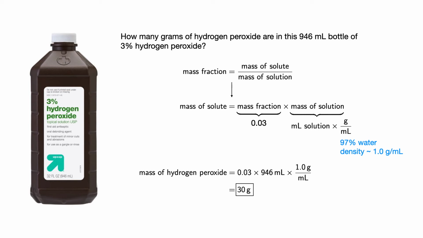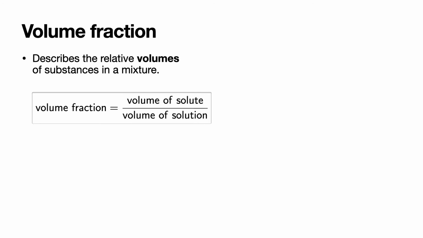So that's a typical calculation that you might be able to do using a mass fraction. Another kind of fractional composition that you'll encounter is the volume fraction. And this is a very similar idea to the mass fraction, except this time you're describing the relative volumes of samples in a mixture. And the definition, volume fraction, is the volume of solute divided by the volume of solution. And this is commonly used in commercial products.